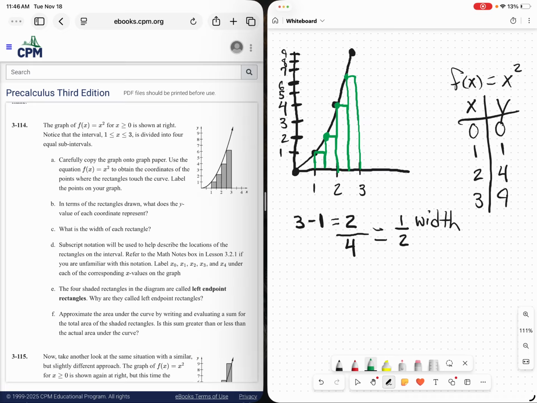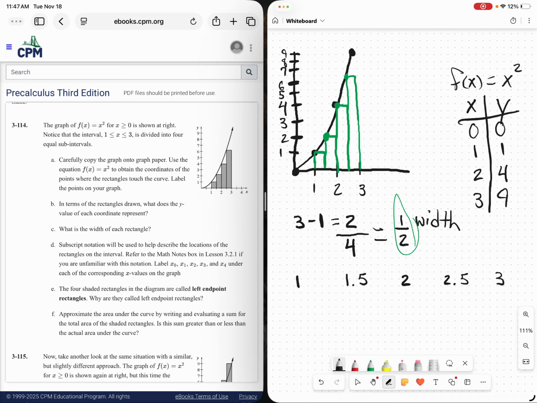Okay, so if we're looking at those intervals, and we're changing at a width of 1/2, what we're going to do is start with 1, and our next point would be 1.5, and then 2, and then 2.5, and then 3. So you're saying, hey coach, but those are 5 numbers, not 4.